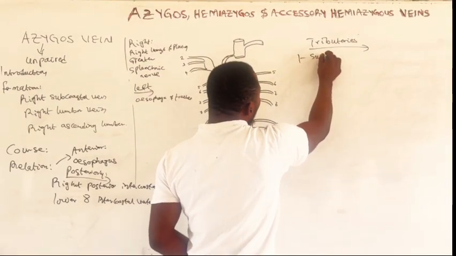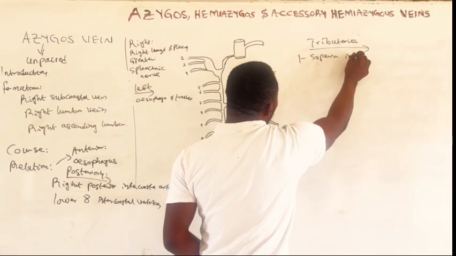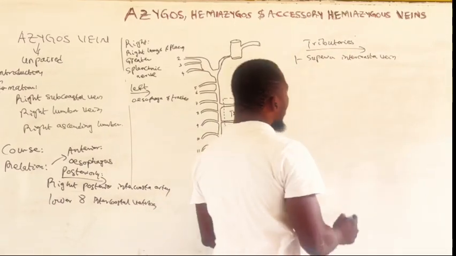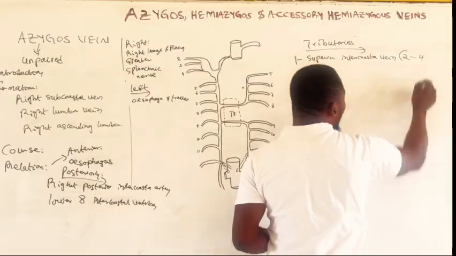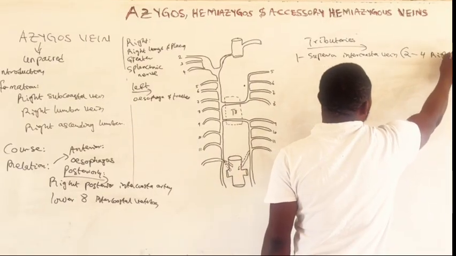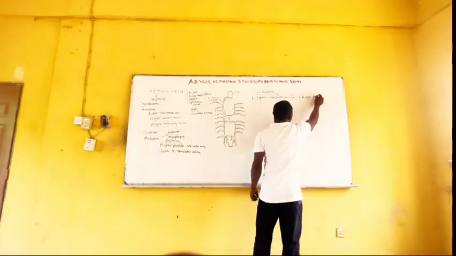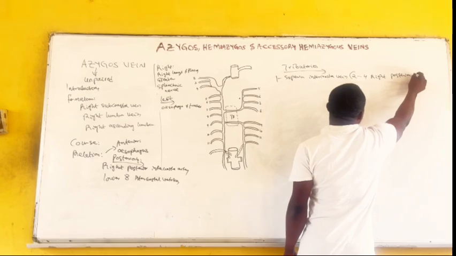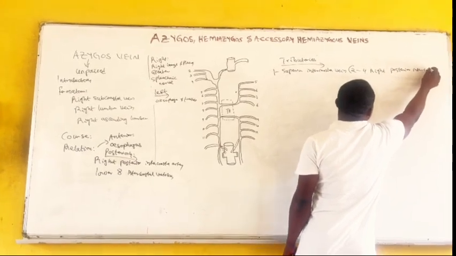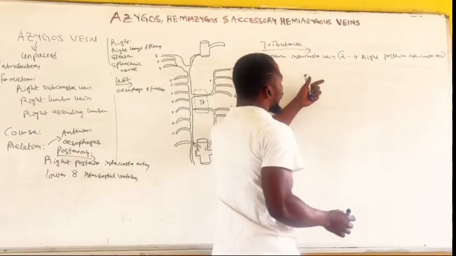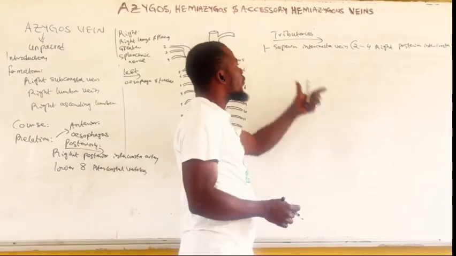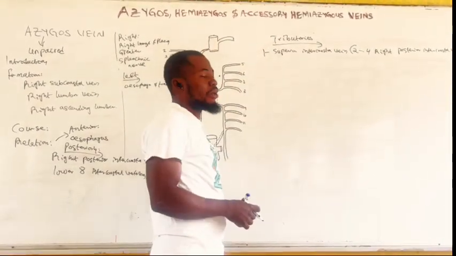The superior intercostal vein, and this superior intercostal vein is formed by the union of second to the fourth right posterior intercostal veins.